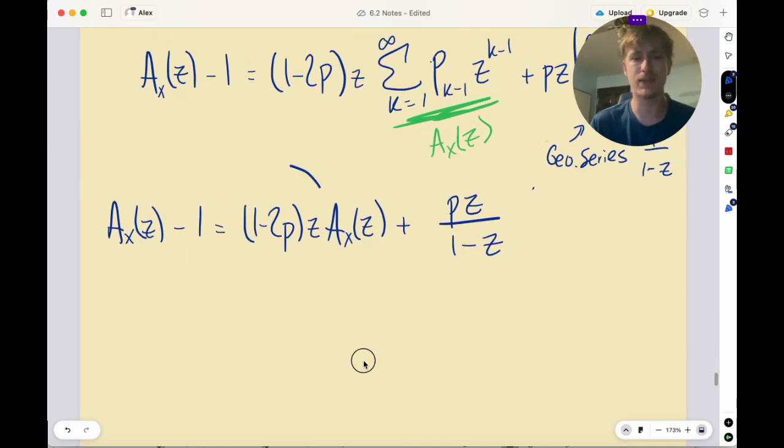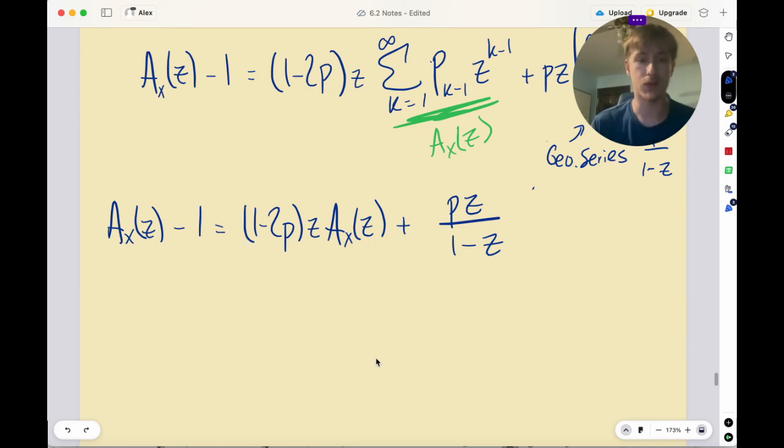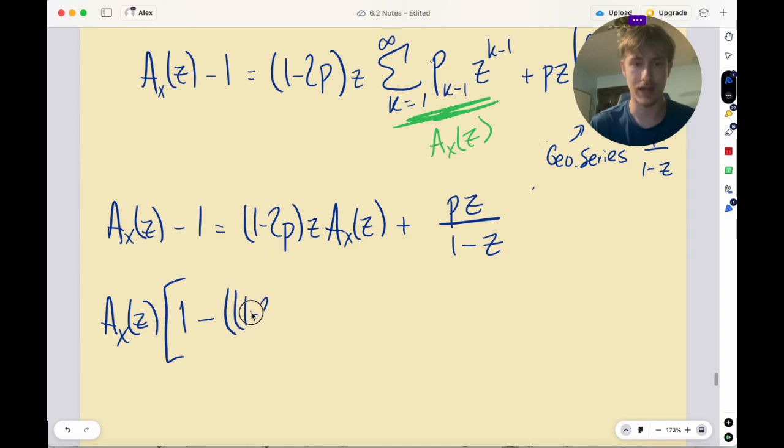Now I'm going to subtract this over and then factor out the generating function. After I factor that out, I'm going to get a 1, and then a minus, because I subtract this over, minus all this junk. So I get 1 minus 2p z.